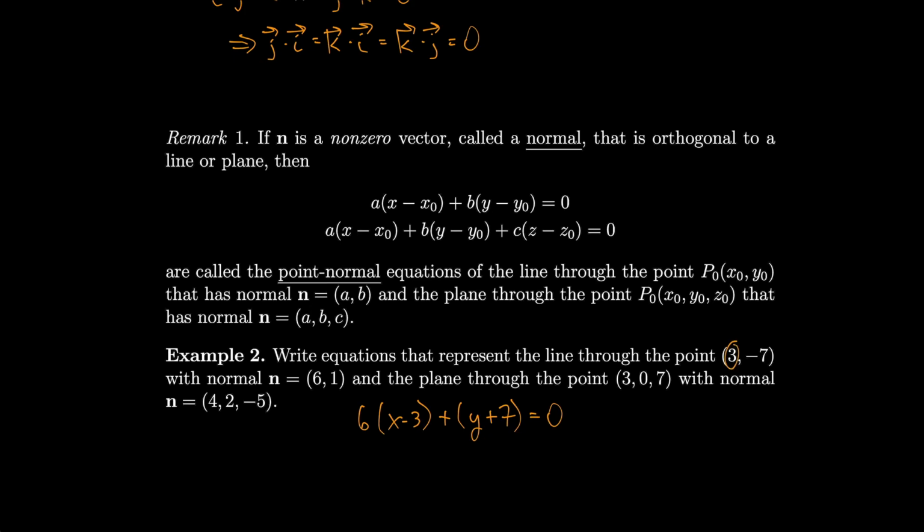Because we were given 3 and -7, we subtract and get those, and the normal (6, 1) gives us the coefficients, with an invisible 1 over there. Do the same thing for our plane, and we get 4 times (x minus 3) plus 2 times (y minus 0) minus 5 times (z minus 7) equal to 0 as the equation for our plane.